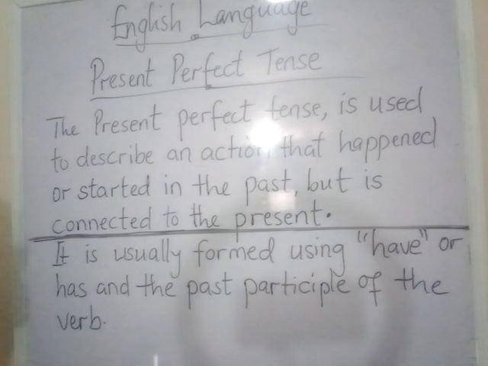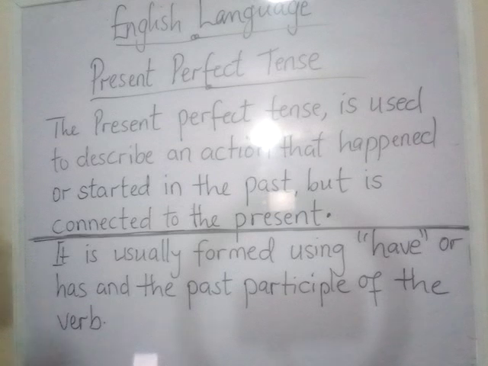So what does present perfect tense mean? It refers to an action that happened in the past or an action that started in the past, but it has a bearing on the present. It is important or relevant in the now. I'll say that again.